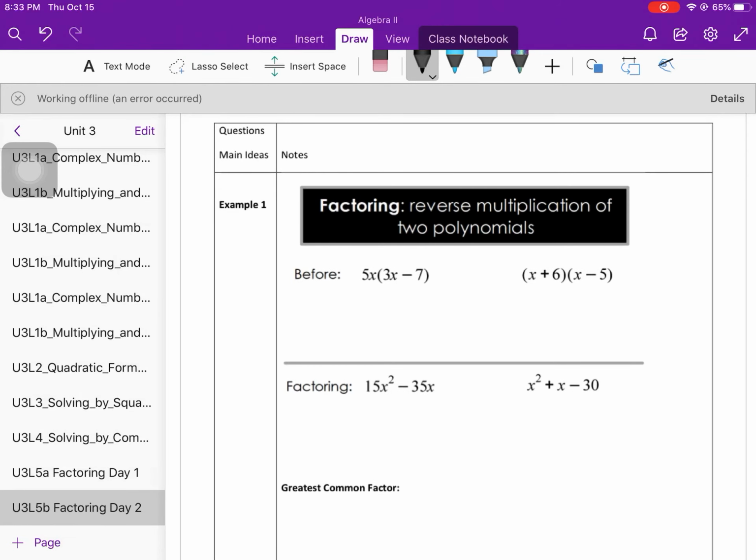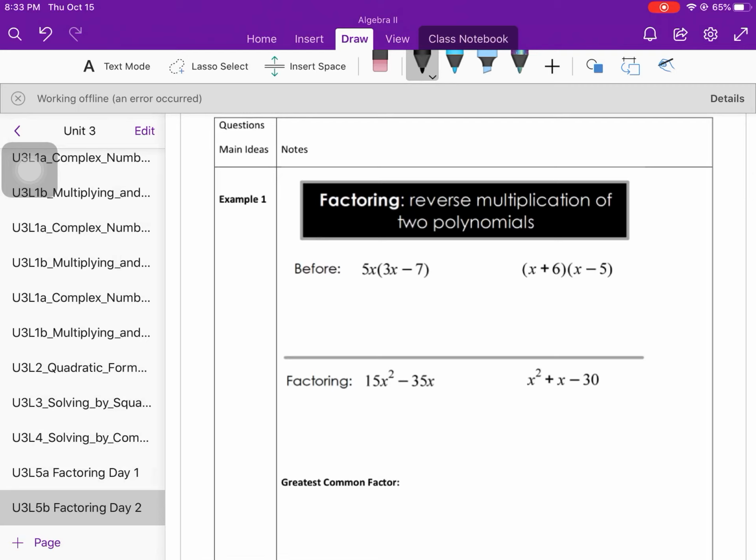So the first one, example 1, says before, and then we have the factoring. If I were to multiply the 5x with the 3x, I would get 15x squared. And if I were to multiply 5x times negative 7, I would get minus 35x, which is exactly what we have down here.